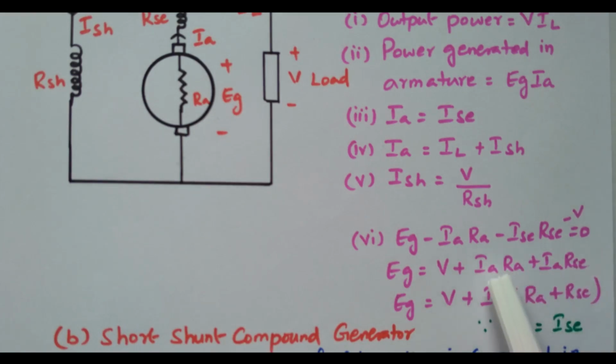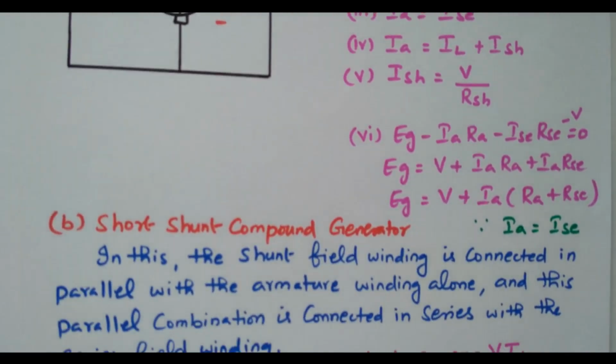The balance after the drop is V, right. It can be written as IA, because ISC is equal to IA, so we can write IA into RA plus RSC. So the generated voltage is dropped across the load terminal after this drop across armature as well as series field resistance. Now we will go to the short shunt.